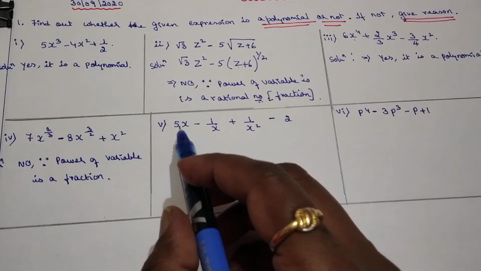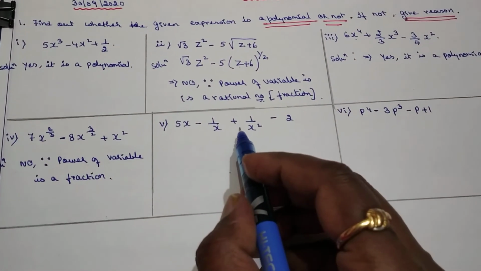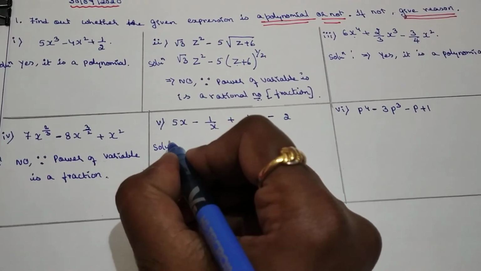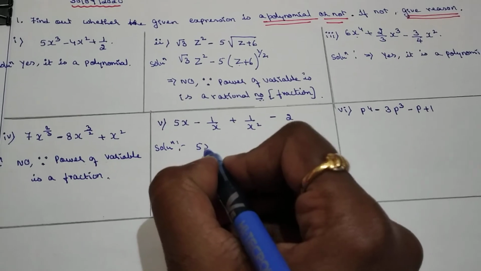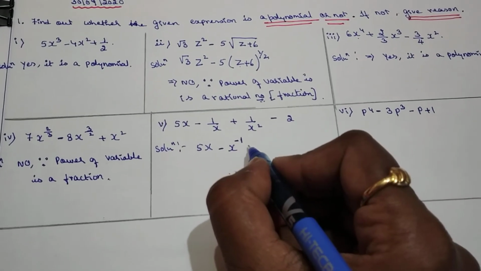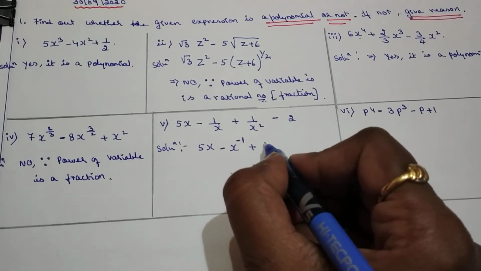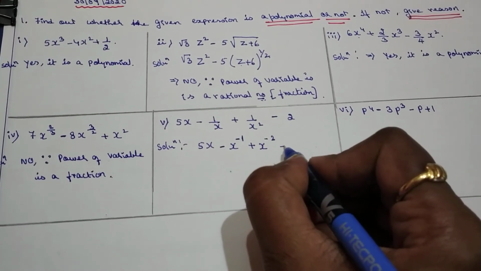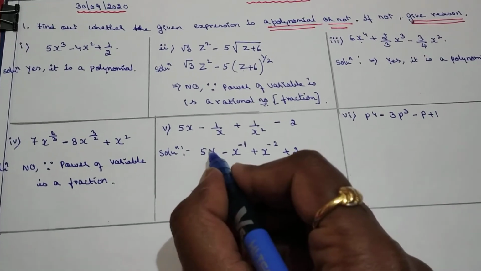Now we'll move to fifth question. Fifth question, 5x minus 1 by x plus 1 by x square minus 2. So here the expression can be written as 5x minus 1 by x, which is nothing but x to the power of minus 1, which we have learnt in the exponential laws. Then 1 by x square can be written as x to the power of minus 2 plus 2. Then power of variable is 1 here.